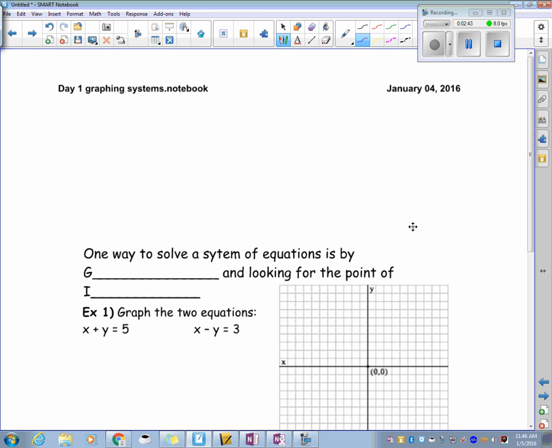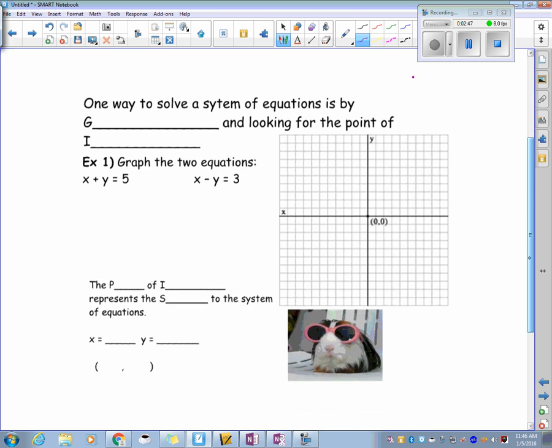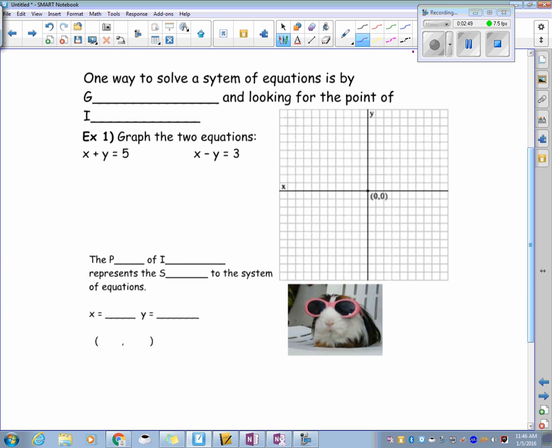Now, there's actually three ways to solve a system of equations. One way is to graph and look for the point of intersection. For example, if we were graphing these two equations, which is why we reviewed graphing so much in the beginning of this class, we would solve for y.